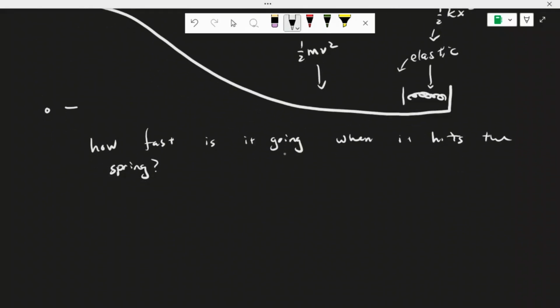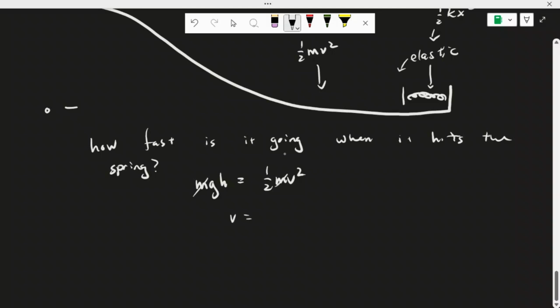Well, that would be mgh equals 1/2 mv squared, if I assume no energy loss. They didn't mention any energy loss, so I'm going to assume this is a conservative system. Then you cancel out the m's and you get v equals square root 2gh.